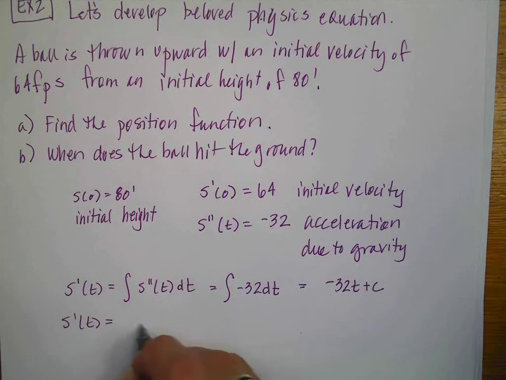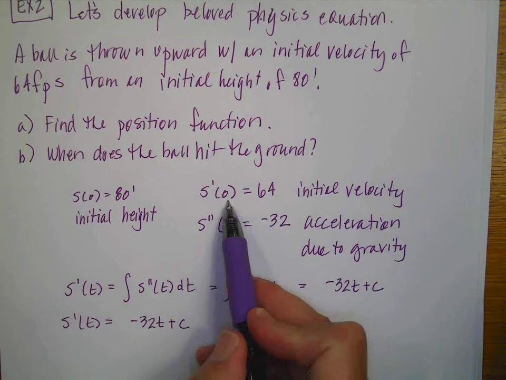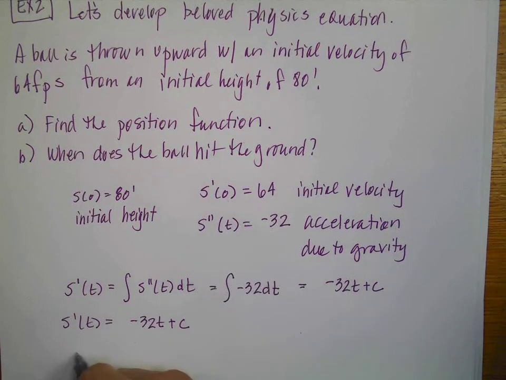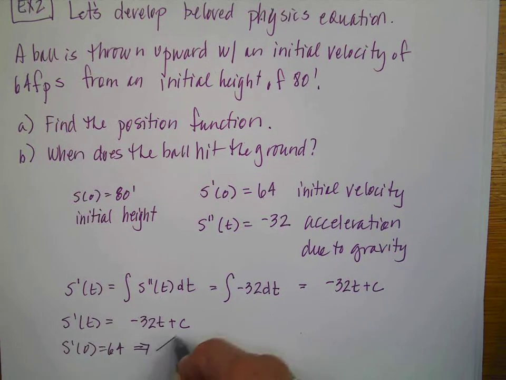So I know that the velocity is equal to negative 32t plus c. Remember, we showed that my initial velocity was 64, so I can say, and I'm just going to write this right here again, is equal to 64.